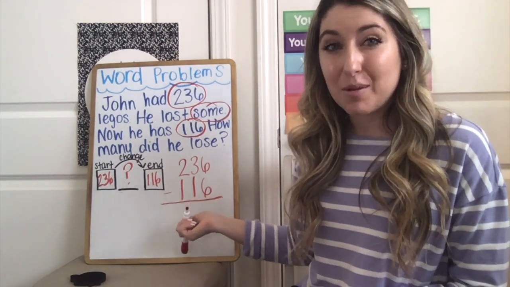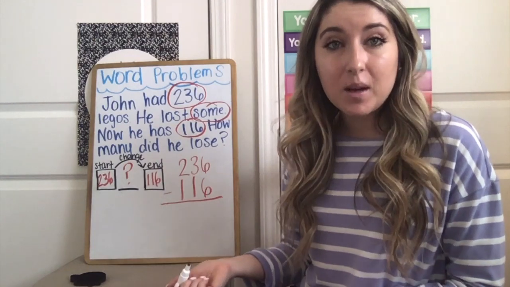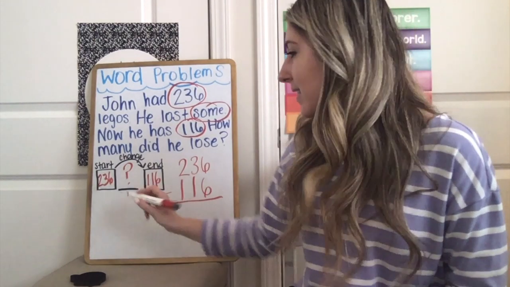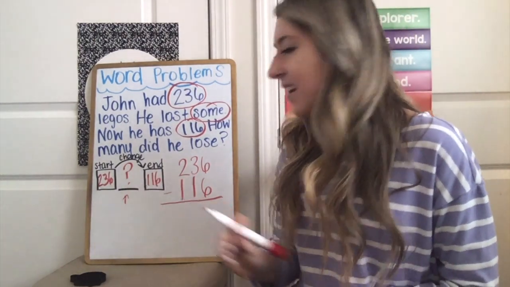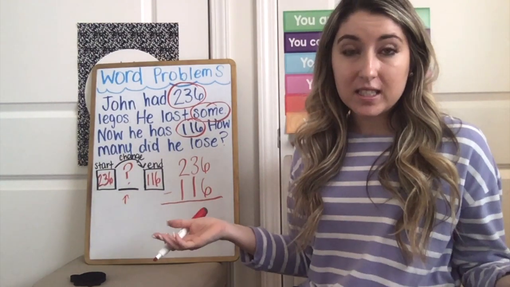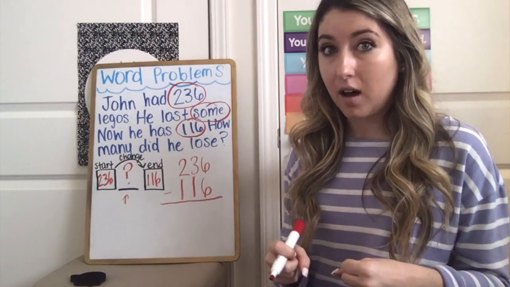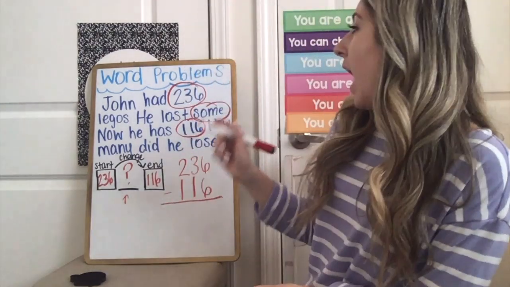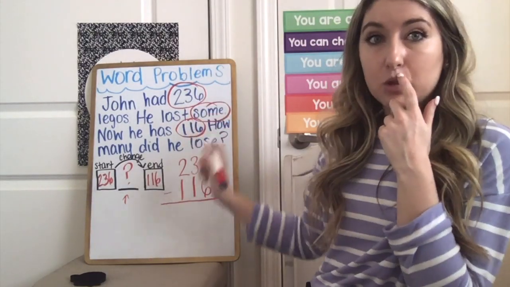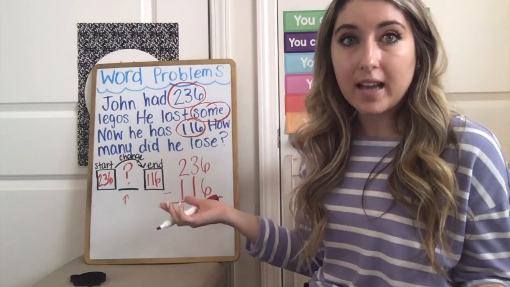So really what you're doing is finding the difference between the two numbers. Isn't that what this is? My change is my difference. It's what's in between those two numbers. It's how many he lost. So I can take these numbers and subtract them. And that's how I'll find how many he lost.